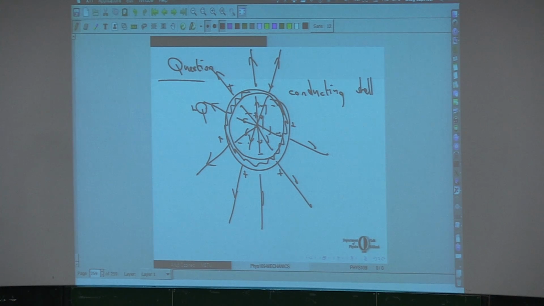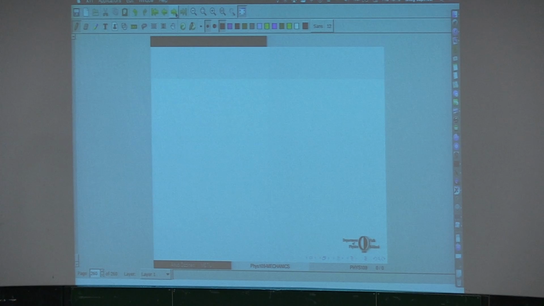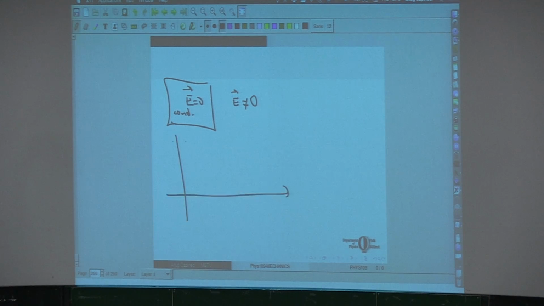Now what we are saying usually is, okay, so here E is equal to 0. This is a conductor. Here E will be non-zero. Now, we don't have this very sharp transition. This is the magnitude of the electric field as a function of the position. Here we are saying that we have this surface and this is 0. Now, this doesn't exist.